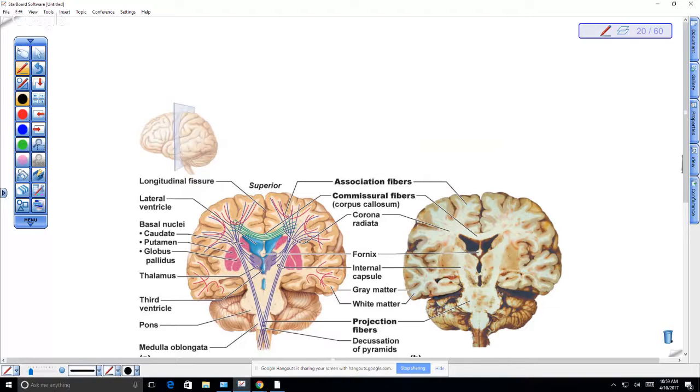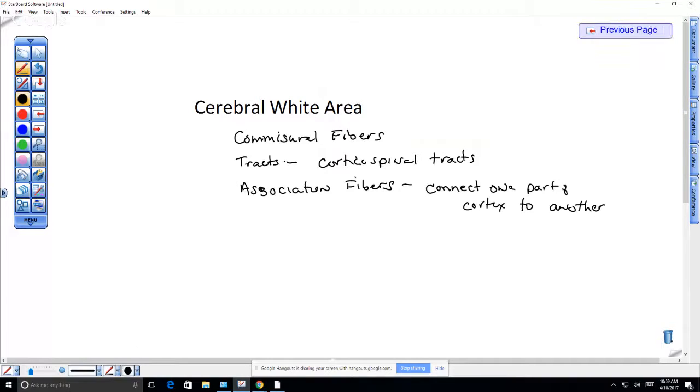And those are projection. We'll write that down in a minute. Those are the projection fibers. And then notice how from one part of the cortex to another, that's the association. So I'm going to go back and I'm going to put projection, commissural, projection, and association. Okay, so I just forgot to mention that is projection fibers.